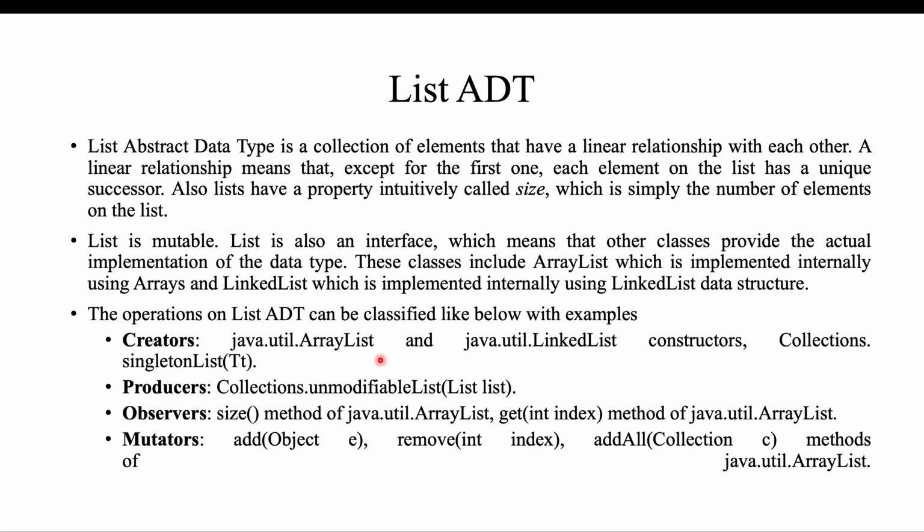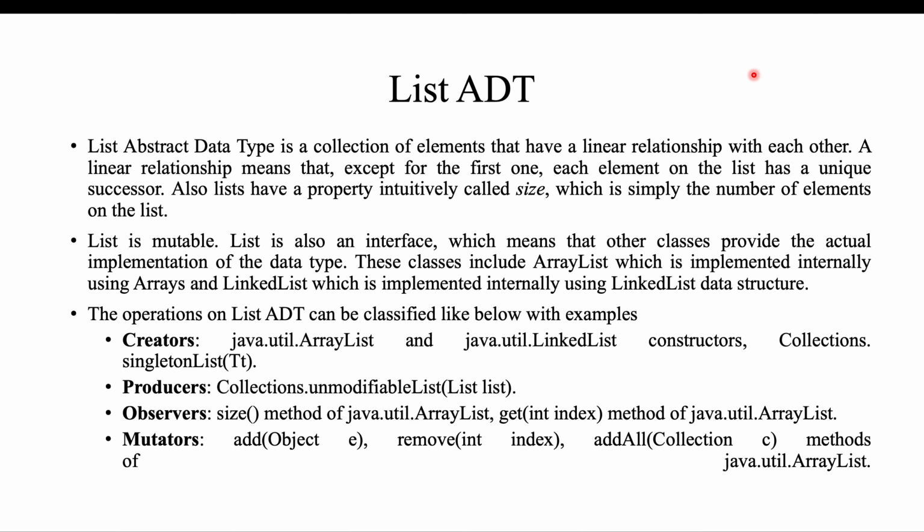The operations of the list ADT can be classified into the 4 operations we discussed which primarily work with an ADT. Creators, which are primarily responsible for creating the objects, are java.util.ArrayList and java.util.LinkedList. These are packages which help in creating the constructors as well as the objects. The next one is the producers, which we can find in Collections.unmodifiableList.